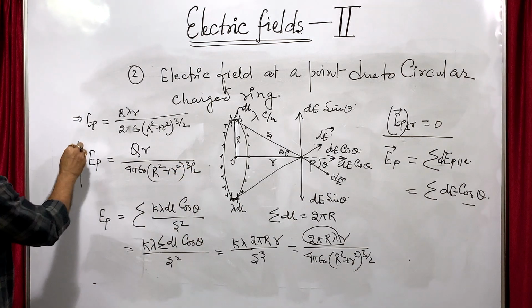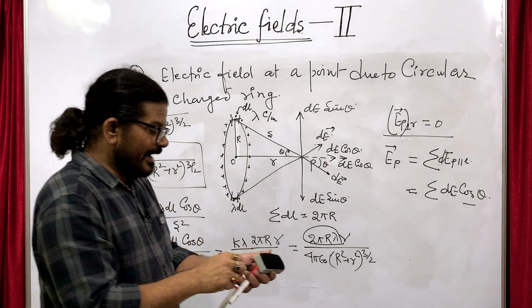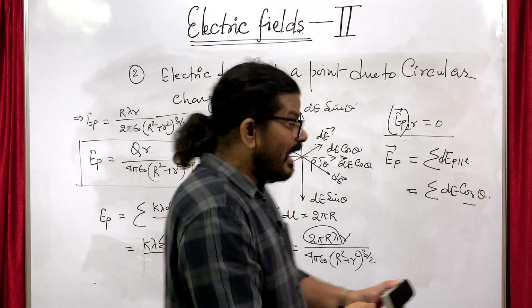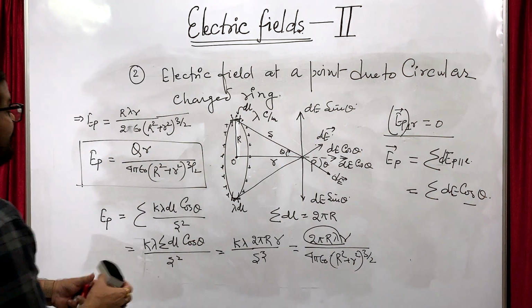So this is the electric field at a particular point on the axis, which is r distance away from the center.